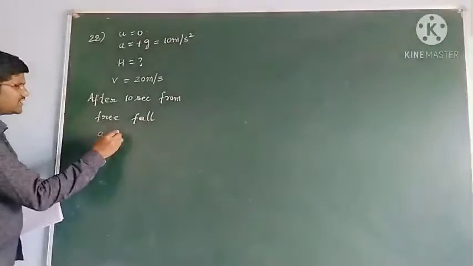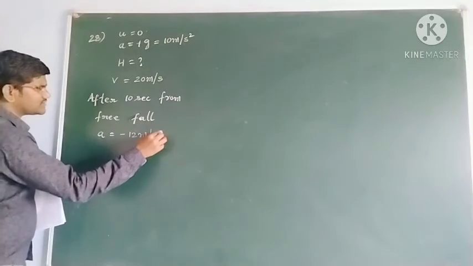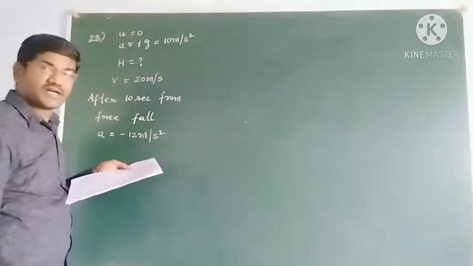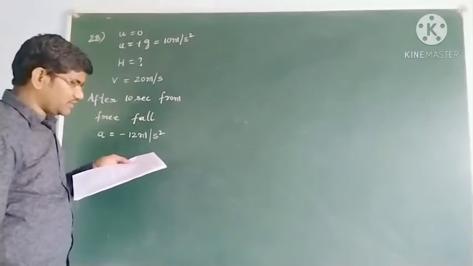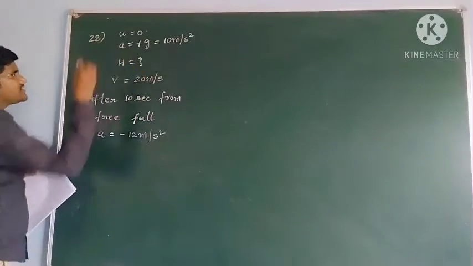So he is descending with a retardation of 12 meters per second square after 10 seconds from the free fall. Then from what height has he fallen? This is the question.